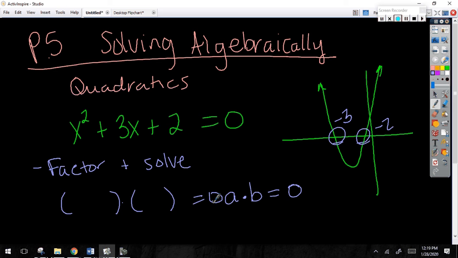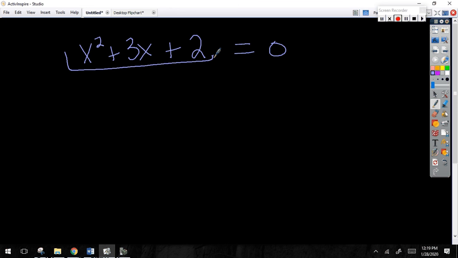I'm going to show you factoring, assuming you haven't seen it before. I know those that have had me have done it this way. This is the way I teach it. But if you haven't, or if you remember how to factor and your teacher taught you a different way, you most certainly may do that, okay? But let's take the same quadratic, x squared plus 3x plus 2, and let's factor this quadratic.